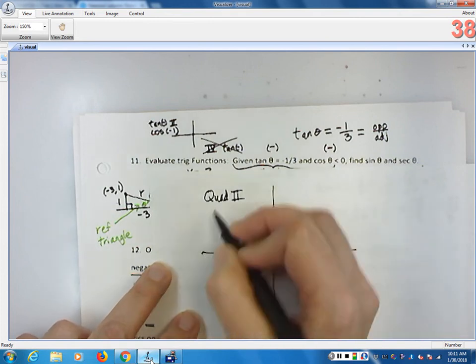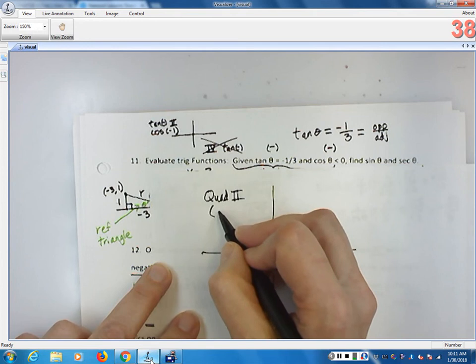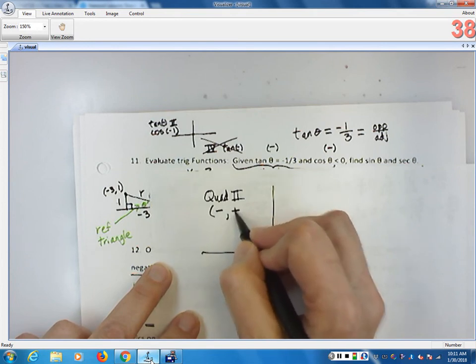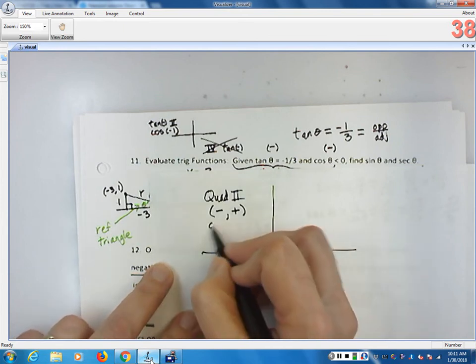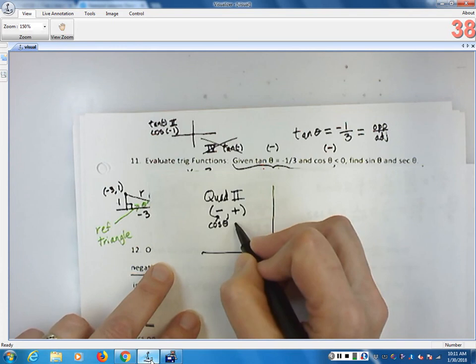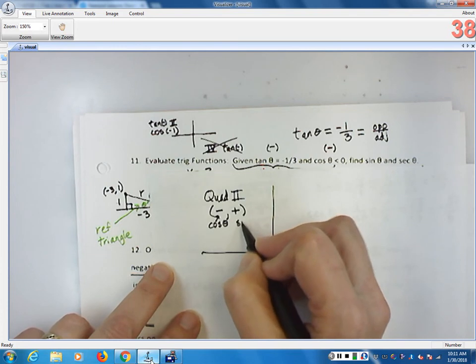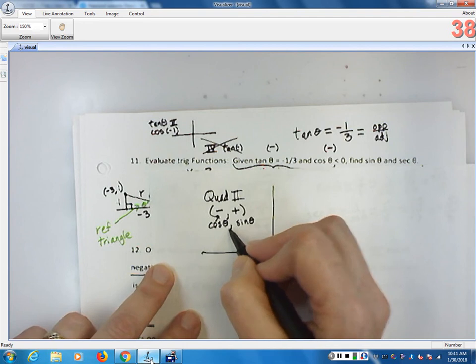If we have an x and a y coordinate, you're going to have a negative x and a positive y. Remember that x is cosine of the angle and y is sine, for the unit circle anyway.